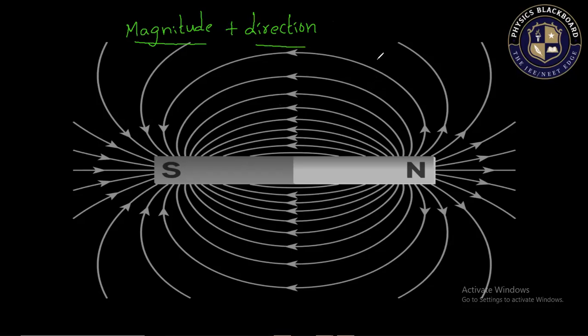As it has magnitude, it is measurable, and as it is measurable, we need some unit to measure it. So the SI unit of magnetic field is Tesla.